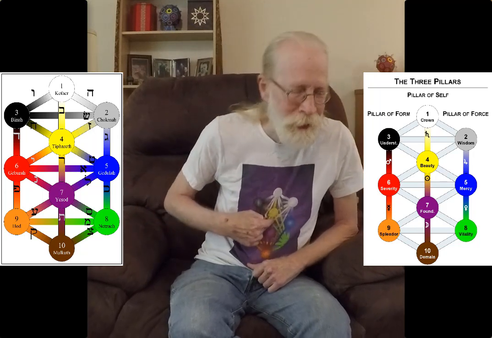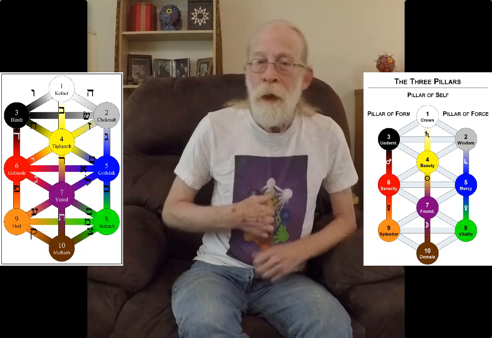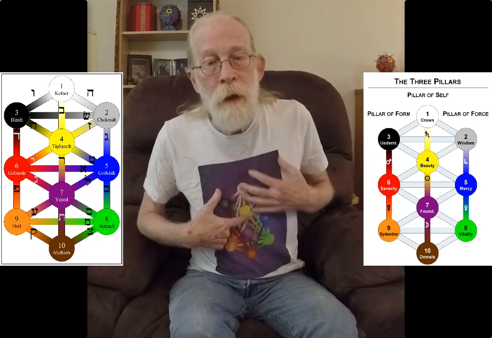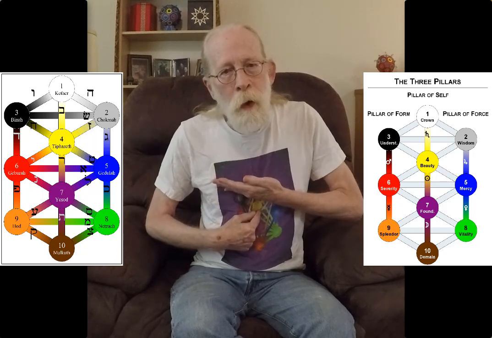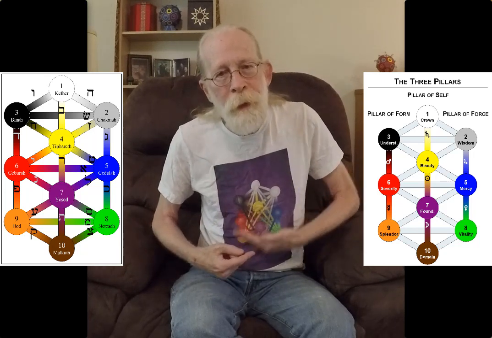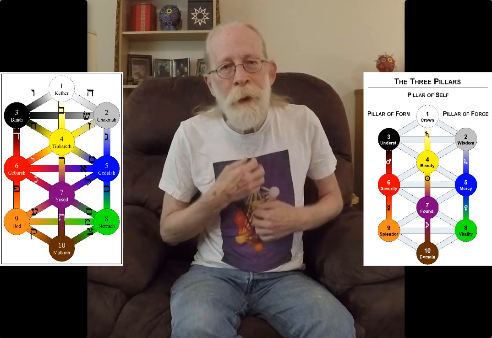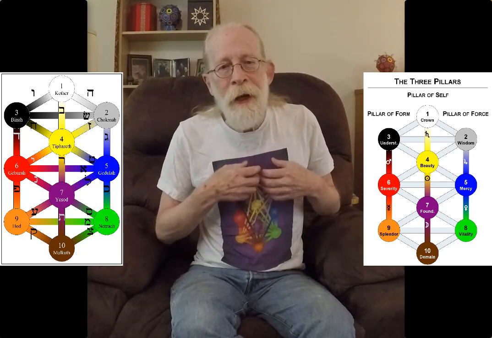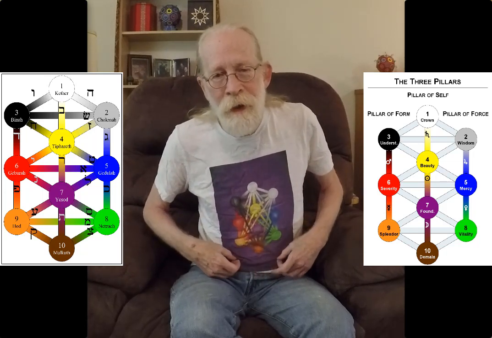Now, the Sefer Yetzirah tells us some things about the arrangement of the letters. It doesn't specifically say the horizontal for the mother letters, the vertical for the planetary letters, and the diagonal for the simple letters, the zodiacal letters.